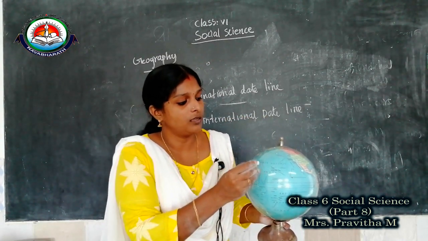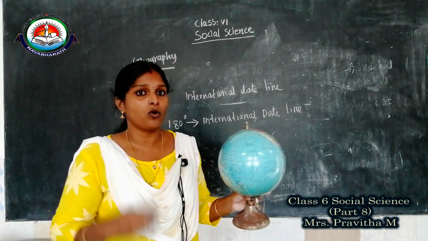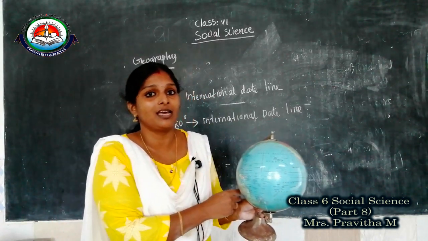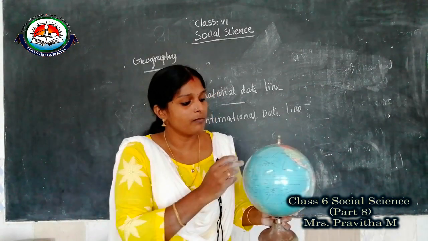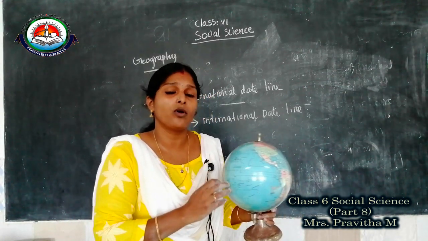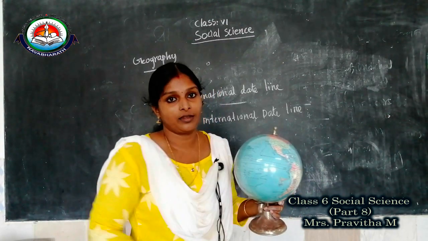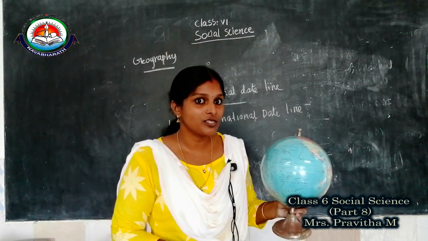If I am crossing this international dateline and going in the eastern direction, I will gain 1 day. If I am crossing it and going to the western hemisphere, I will lose 1 day. Understood children?